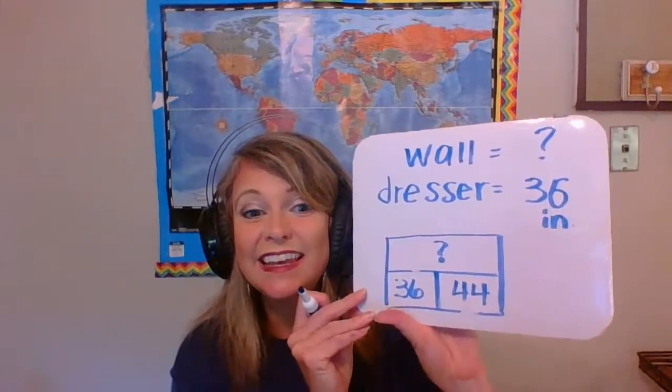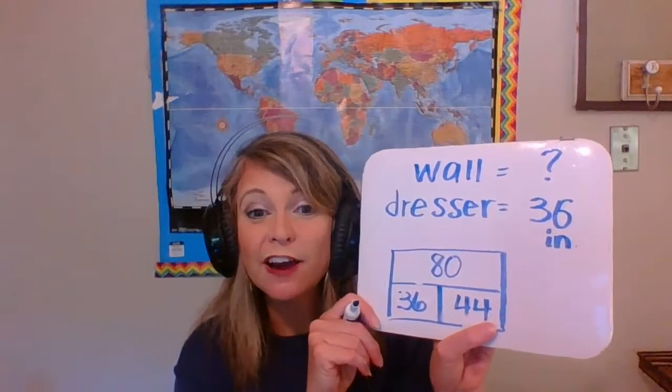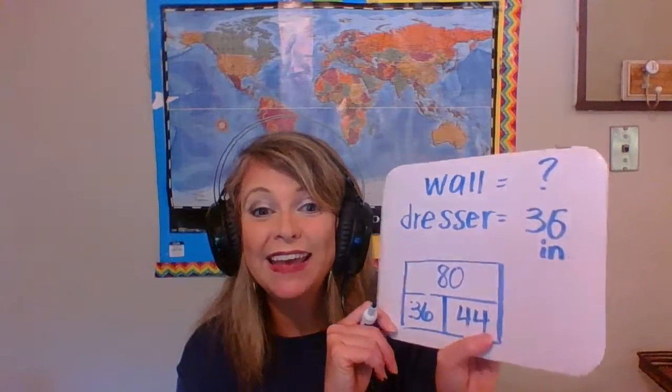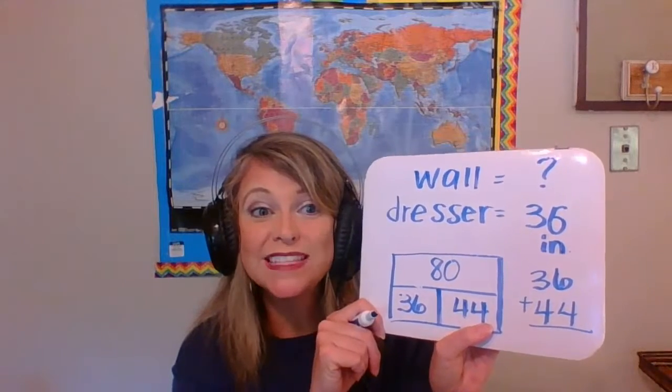Now we're going to go over here and see if 80 should be the correct answer. How can we check ourselves to know if 80 is the correct answer? Well, we can add up 36 plus 44. Let's check it and see. Do we start with the tens or the ones?